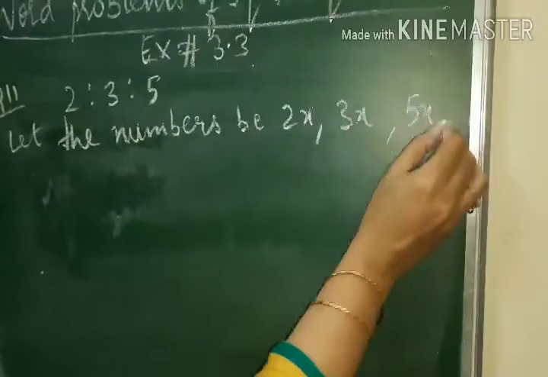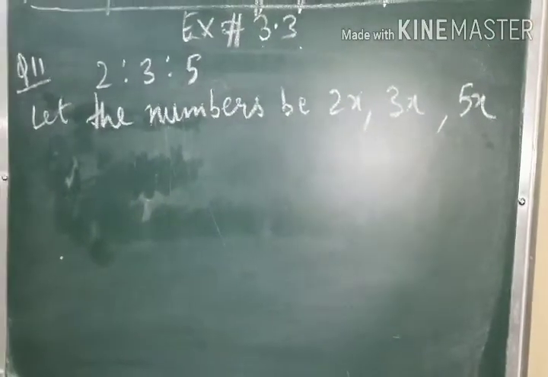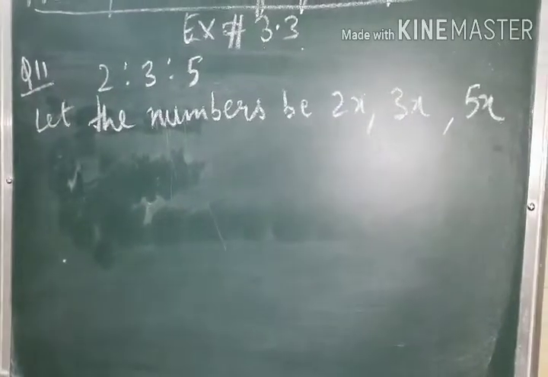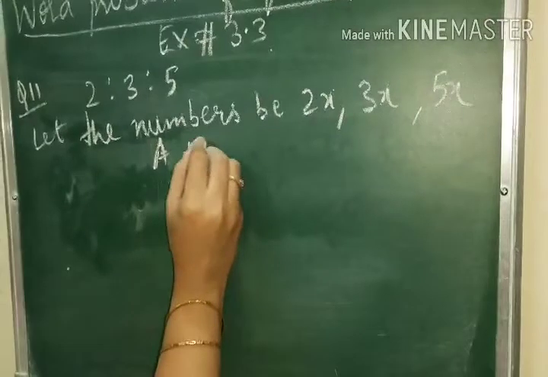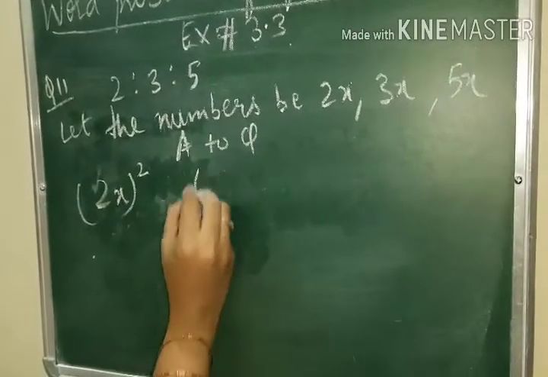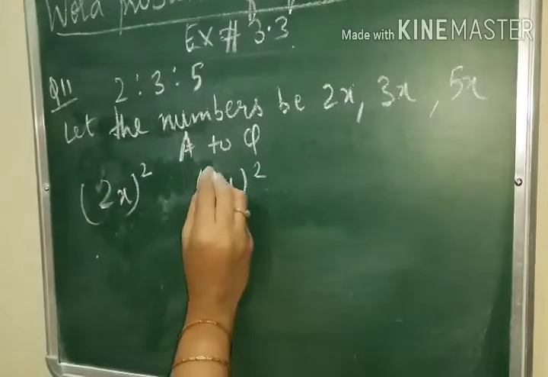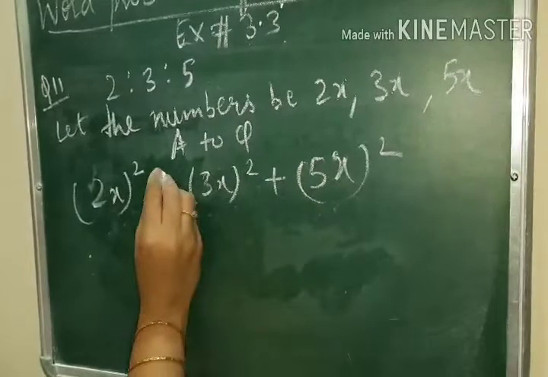Whenever it is in the ratio, we take x along with them. So the numbers are 2x, 3x and 5x. Now it is given that the sum of their squares is 950. So according to the question, you have to take their squares, 2x whole square, 3x whole square and 5x whole square, and then you have to take their sum. That means you have to add all.